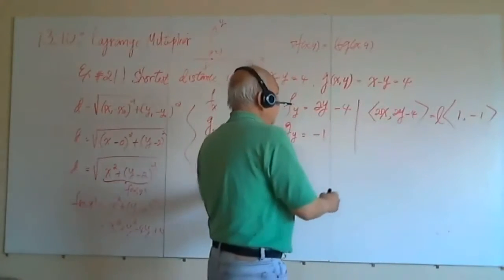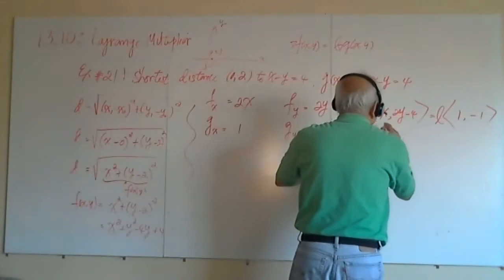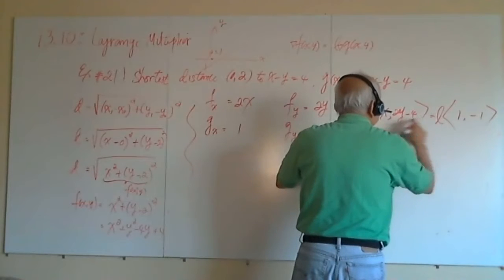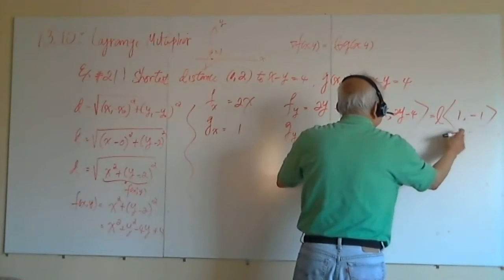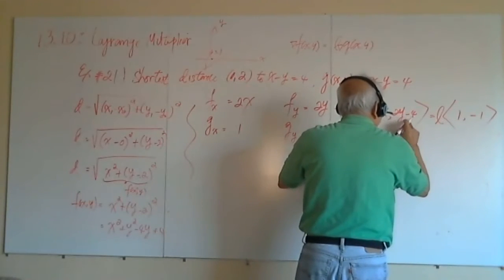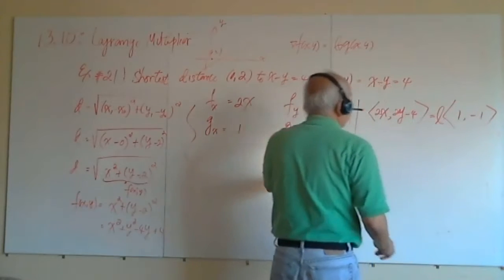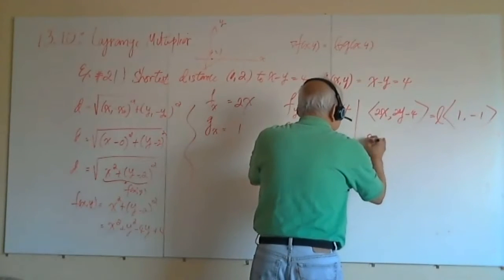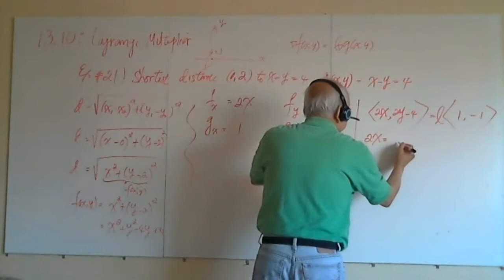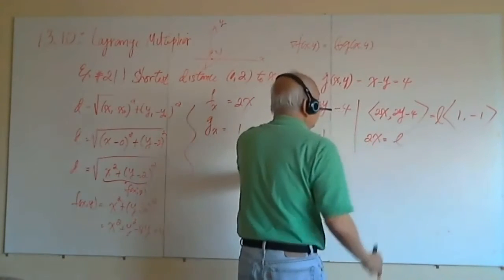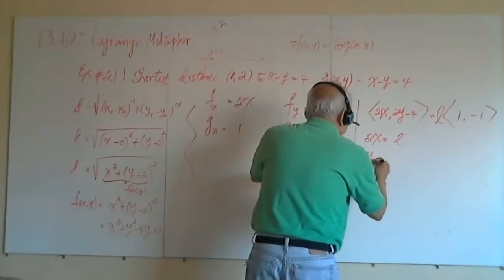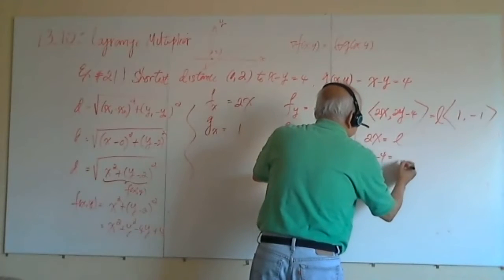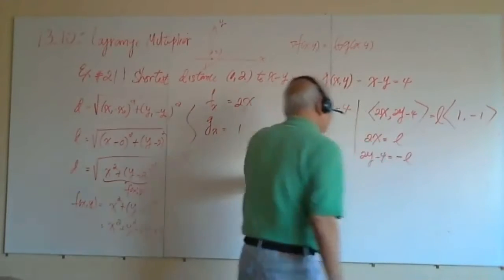Again I'm going to make a corresponding equation: first term left hand side, right hand side, second term left hand side, right hand side. So eventually what you get is that 2x equals lambda, and then 2y minus 4 equals negative lambda.